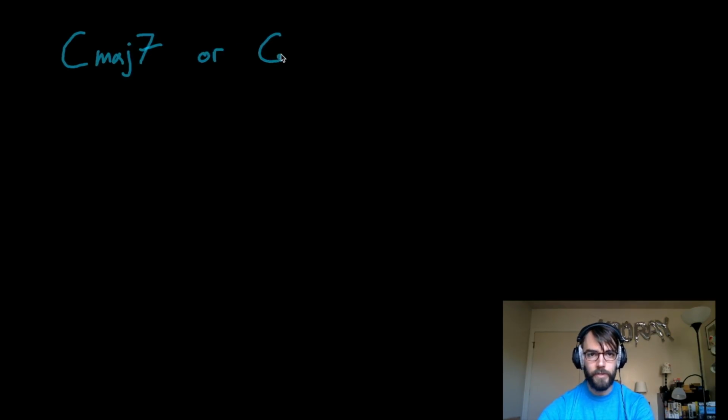So if we go to C and we want to play a major 7 chord, we can write MAJ7. That's pretty common. Or sometimes in a jazz chart, you'll see just a triangle. Or even sometimes a triangle and a 7. And what that's telling you is to play a major 7 chord.